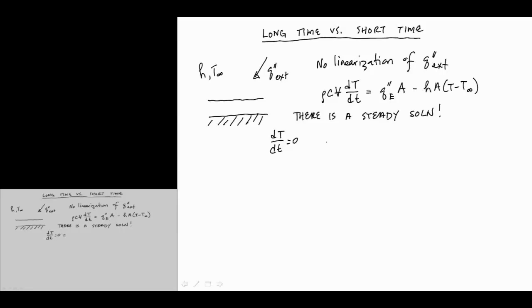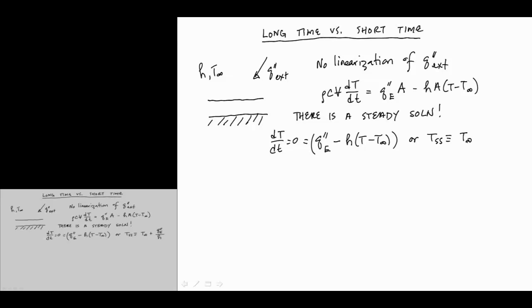And obviously what that says is that the steady state temperature is the temperature associated with this system, or that T steady state is equal to T infinity plus Q external over H. So in steady state, what else does it say?